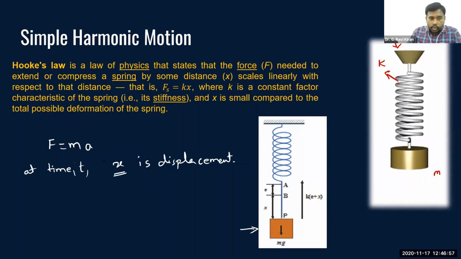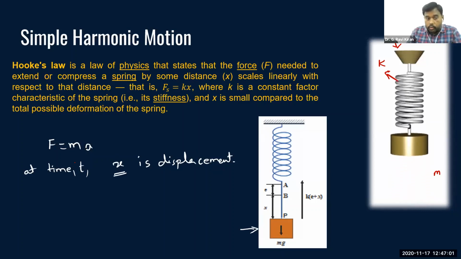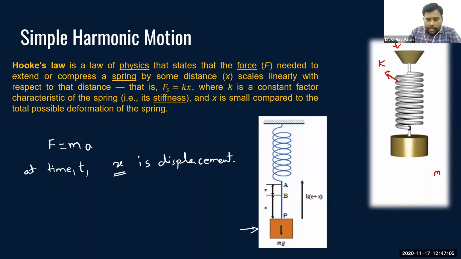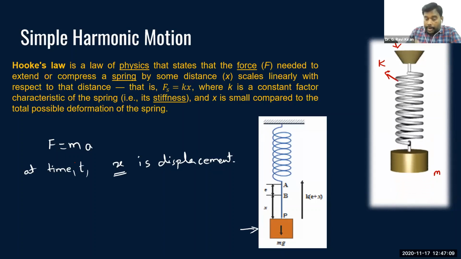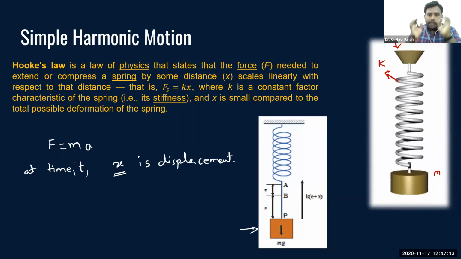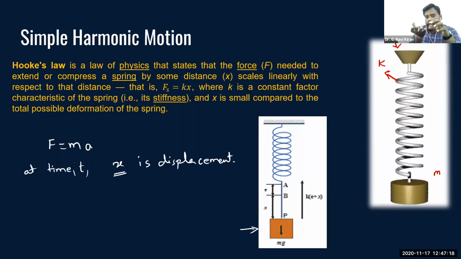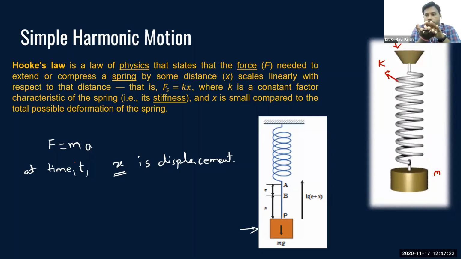As I told, we are using Newton's second law of motion to find out this displacement. At any particular time, the weight is at a position x units from the equilibrium position. At that position, let me calculate the forces acting on the weight, right? It is oscillating, and at any particular time t, it is at position x units.